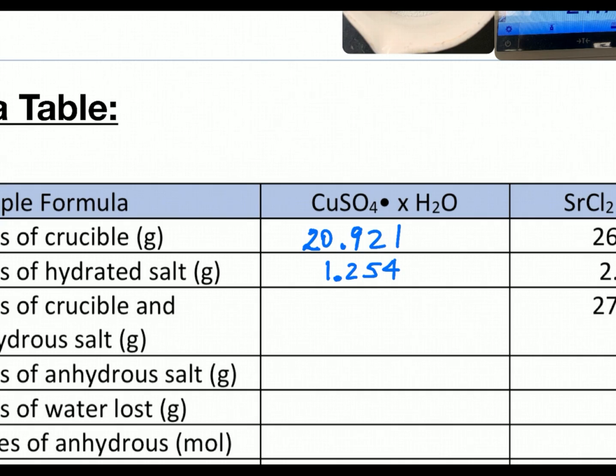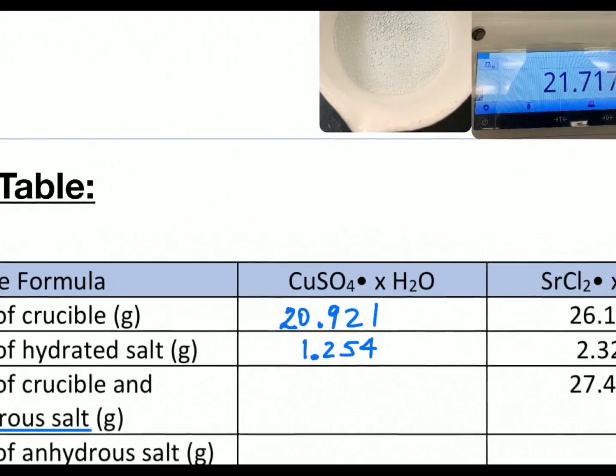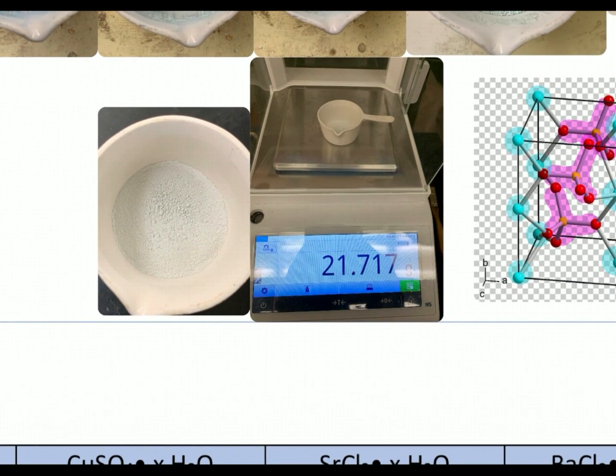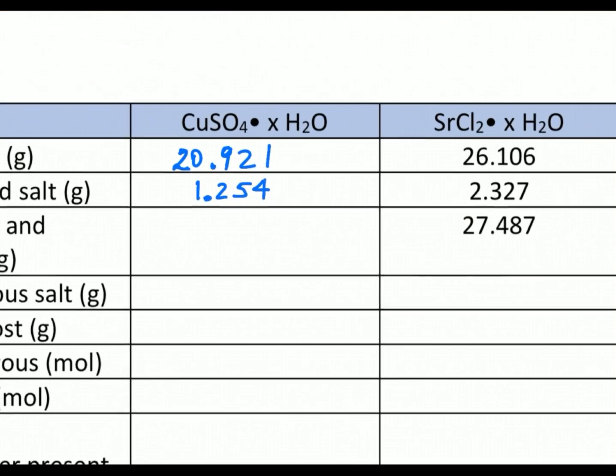Now the mass of the crucible and the anhydrous salt. So it's anhydrous, which means that's going to be after heating. And we weighed that in the crucible without transferring it so that we didn't lose any on transfer. So that mass, remember the anhydrous in the crucible and the crucible itself, 21.717.